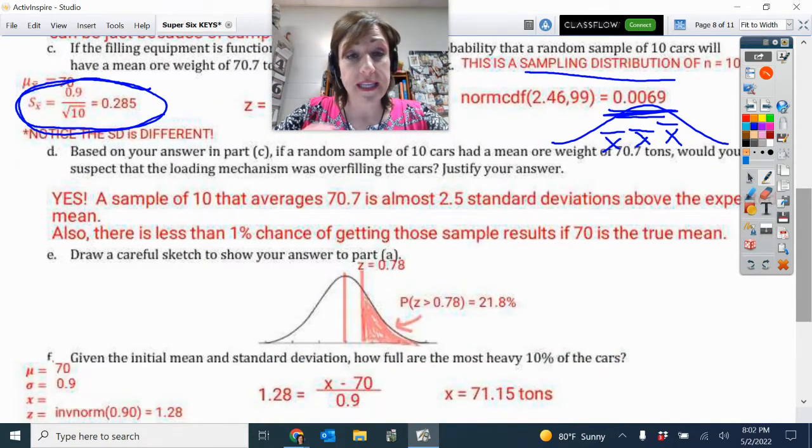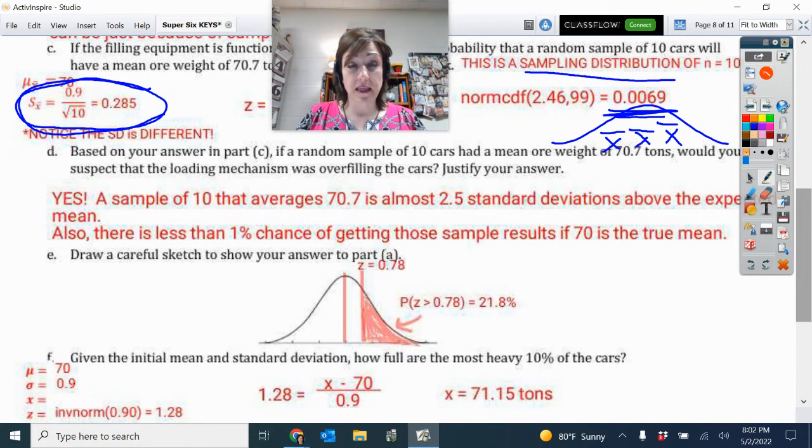So absolutely, yes, that is definitely unusual to get an average of 10 cars at that point because that's almost 2.5 standard deviations above the mean. There's less than a 1% chance of getting that sample mean if the machine is filling to an average of 70. So something's happening, I believe.